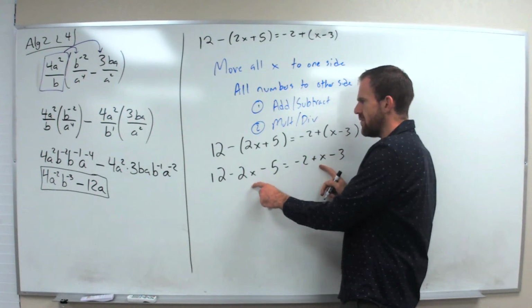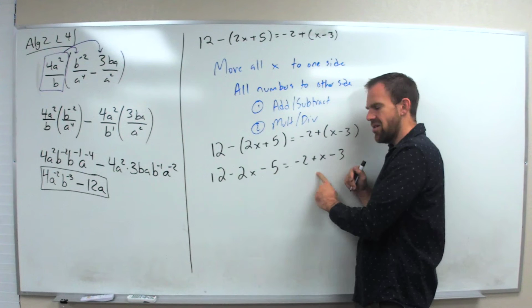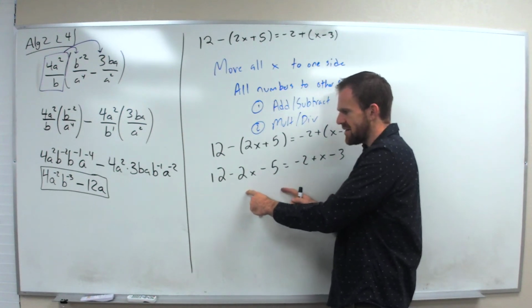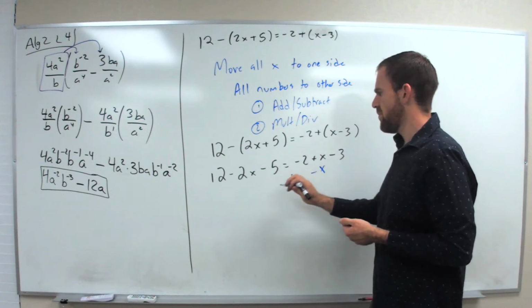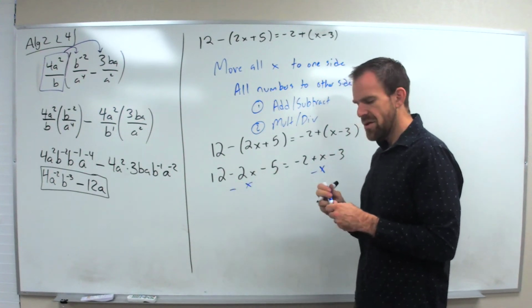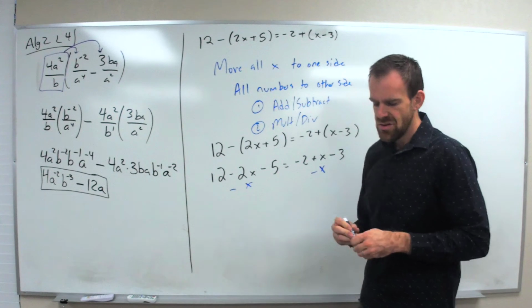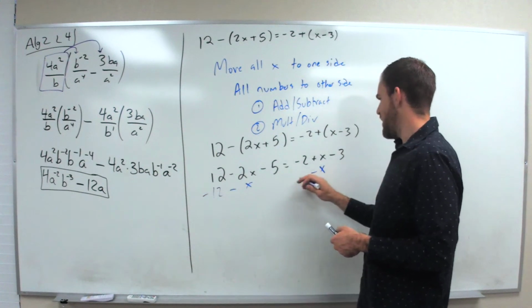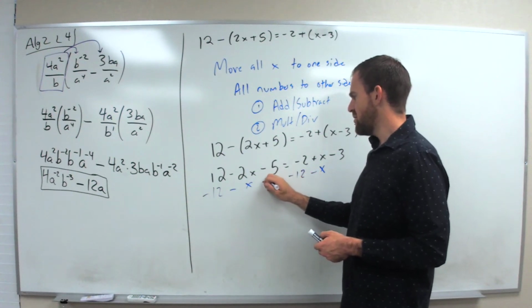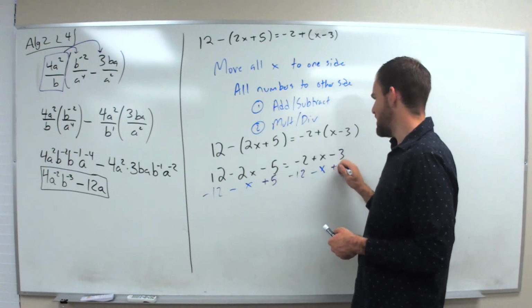Now, I want to move by addition and subtraction, because all of these are added, all of my x's to one side. So I'm going to subtract x. And I'm going to move all the numbers to the other side. Again, if I do something to one side, I must do it to the other side.